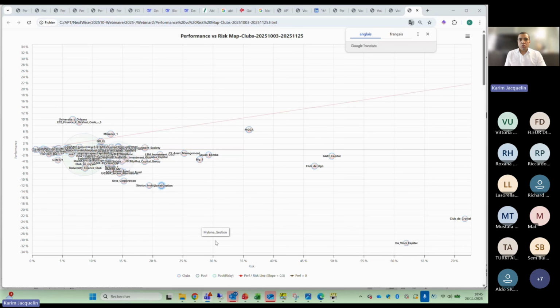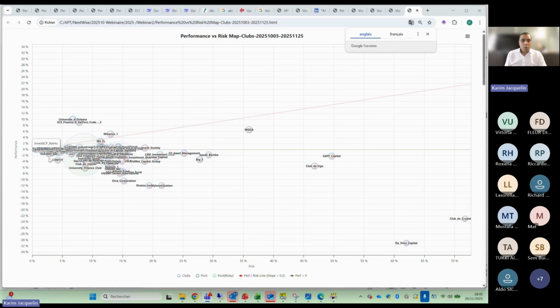So you can see in this graph that you have some portfolios. I'm showing the bubble map for the clubs, but we also produce it for the individuals. So you have some portfolios with extreme risk levels. So volatility superior to 30% is a very important volatility. So those clubs are taking very high risks. So it's likely that they invest in some cryptocurrency or maybe leveraged ETF.